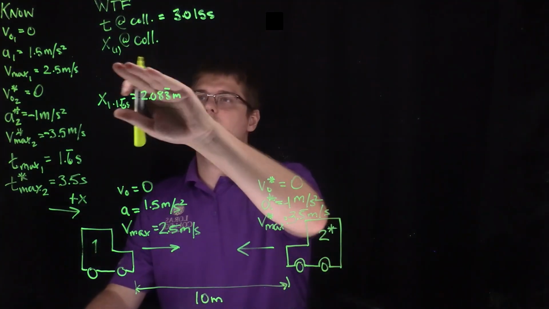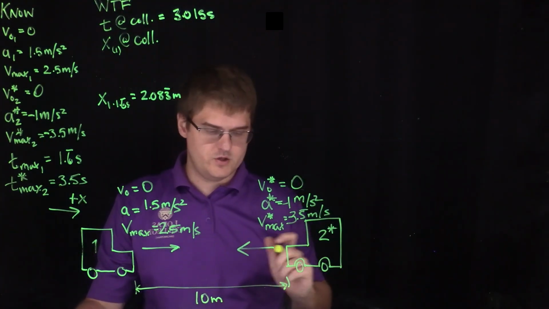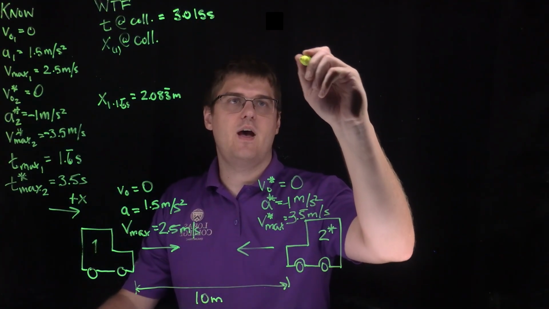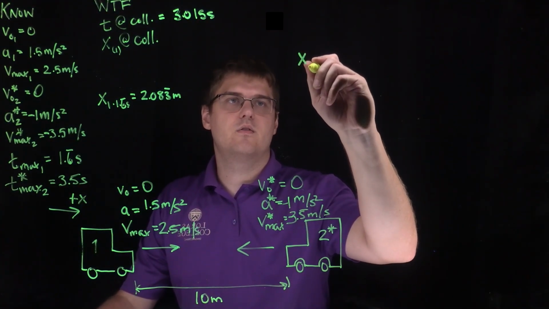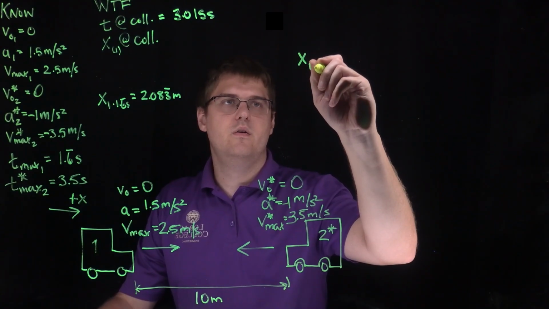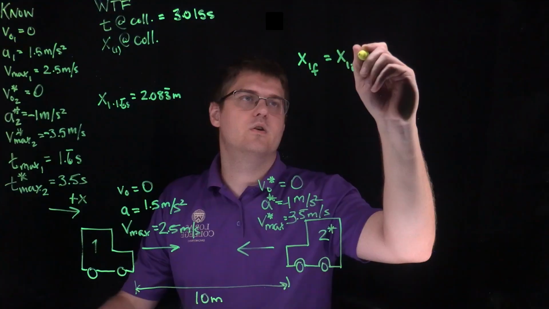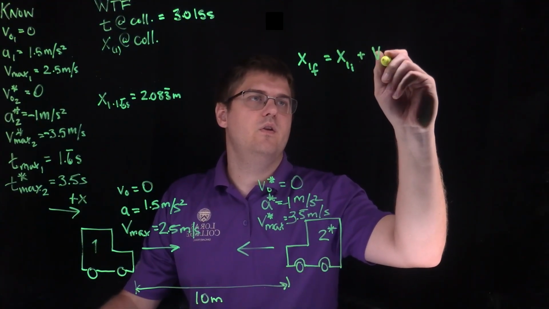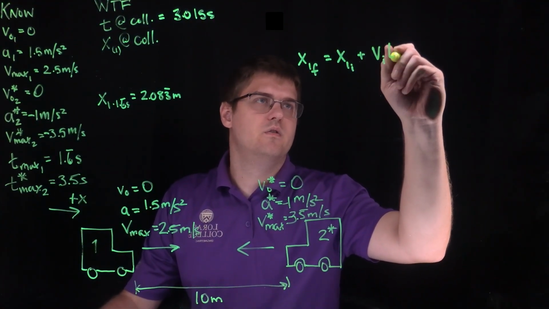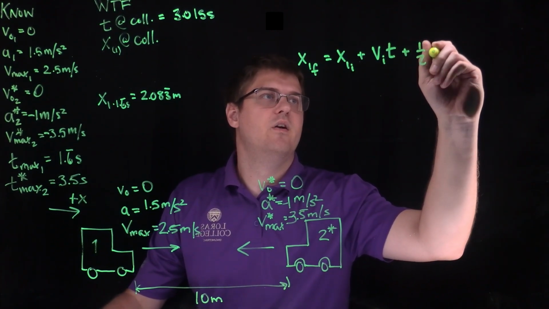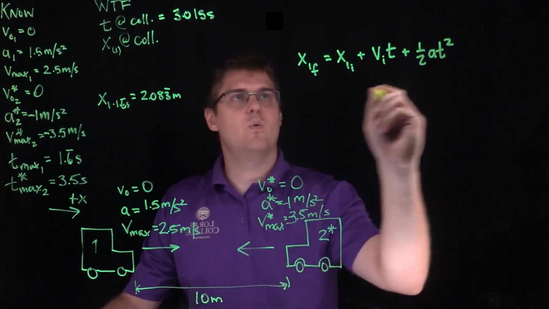Last thing we have to do is find where x1 is at the time of collision. Where is tractor 1? So all we have to do for that is x1 final is going to be equal to x1 initial plus v initial times t plus 1/2 a t squared.